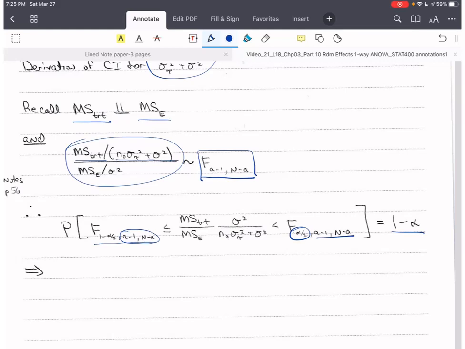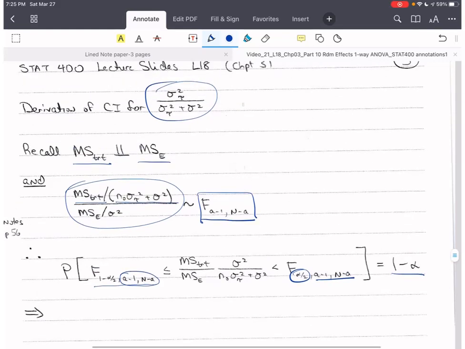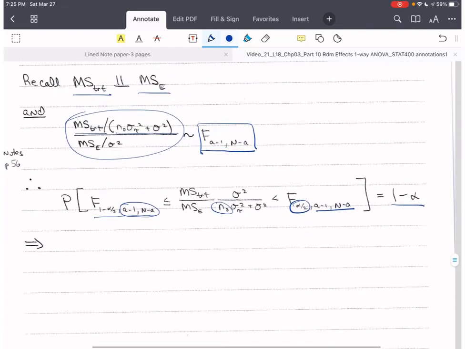And so what we want to do is solve this for this ratio. And we have a little bit of an issue because we have n naught here, okay? And so what we're going to do is invert this, and this, all three. So we're going to flip them.